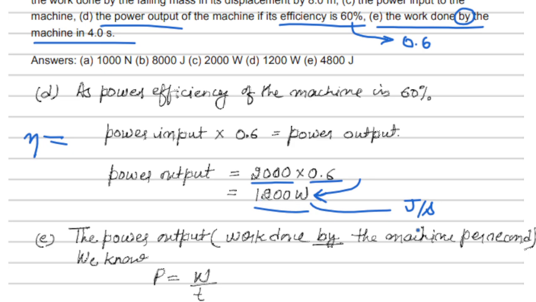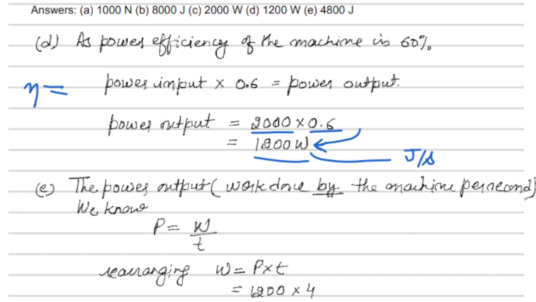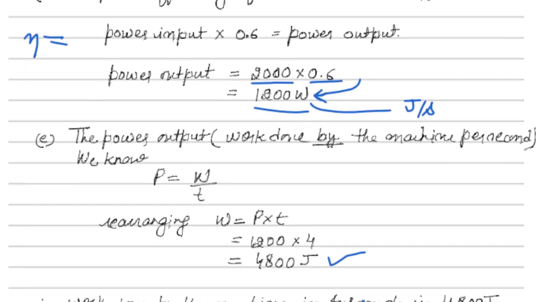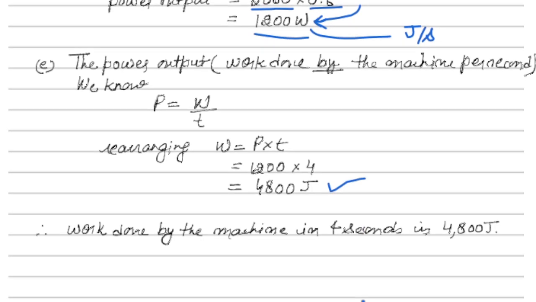They are asking the work done by the machine in 4 seconds, so we will just multiply by 4 and we get 4,800 joules. So that will be our answer.